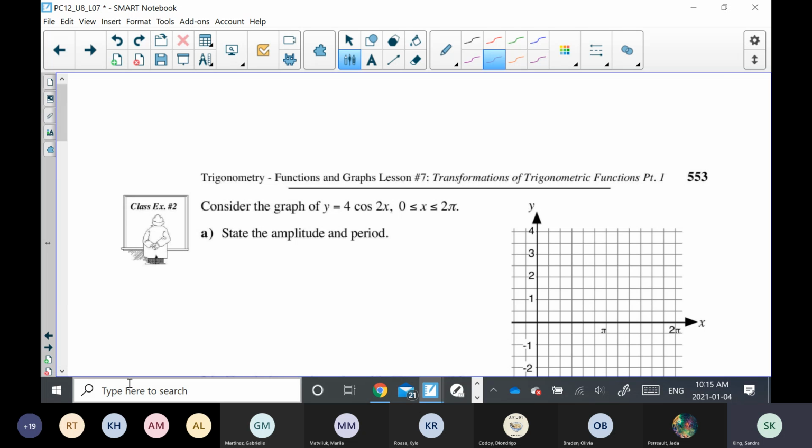Okay, let's look at class example number 2. Consider the graph of y is equal to 4 cos 2x. So we'll hopefully do this one quickly. We are going to punch it in our calculator. This tells you what mode to be in. So it's going to be a cos graph, and they want it to be in radian mode.